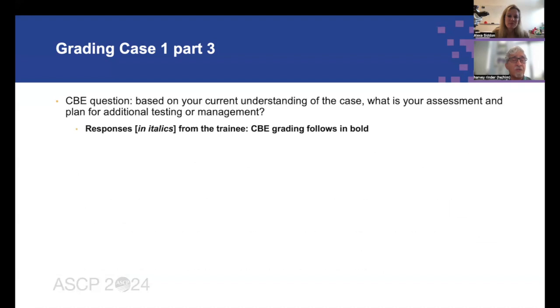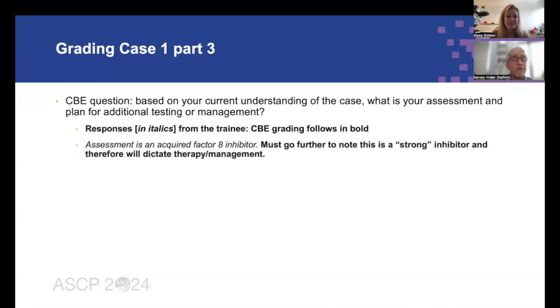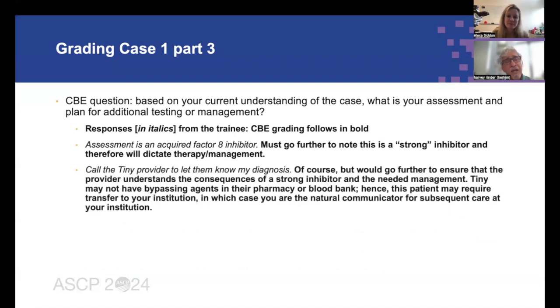The responses are as follows. They assess that the patient has an acquired factor VIII inhibitor. Completely agree. I might go a little further to note that it's a strong inhibitor, and therefore that might dictate therapy and management. They want to call the provider to let them know. Absolutely.